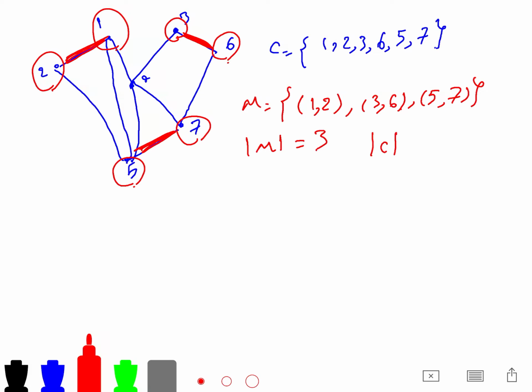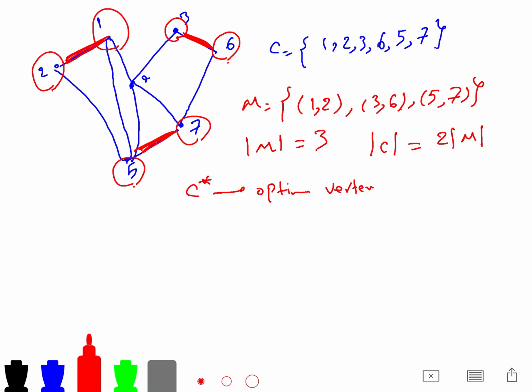So it is obvious to see that the cardinality of C is just 2 times the cardinality of the maximal matching. And because we assume that C star is the optimum vertex cover, of course, for this example, you can calculate it to see that it is just 4.